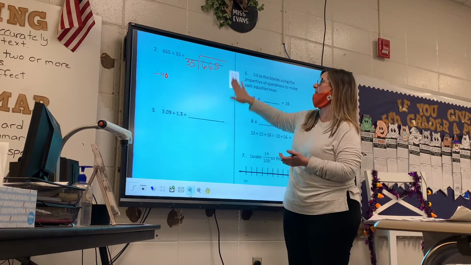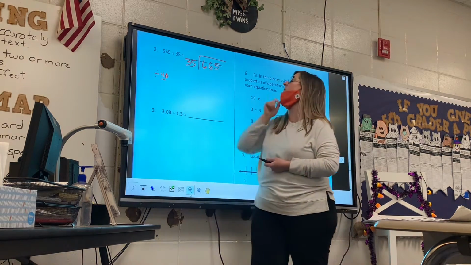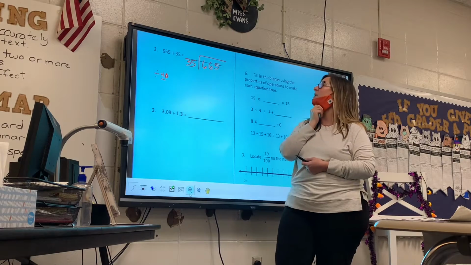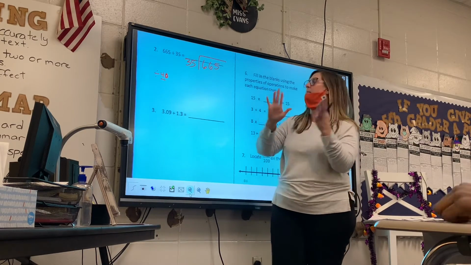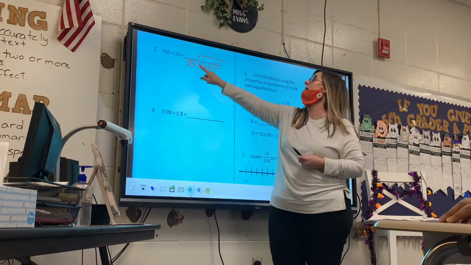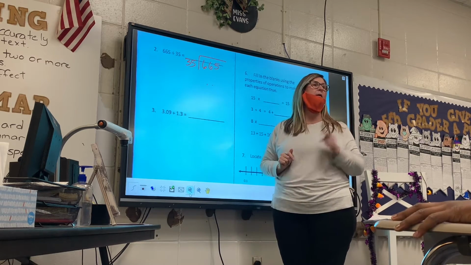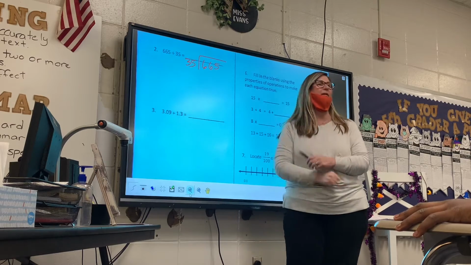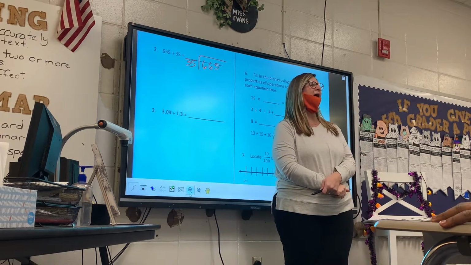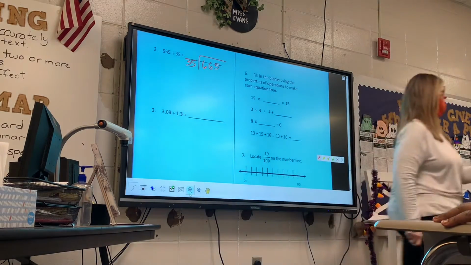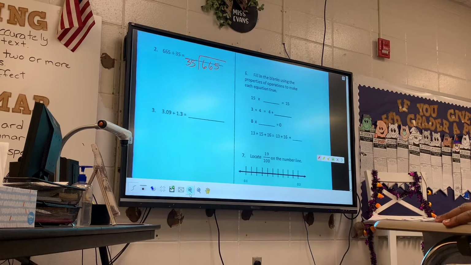So think about it like this. Let me show you this. Is 35 going to go into 6 or 66? How many groups of 35 are in 66? I had a student come up to me and she said, 13. 2 35s is 70.